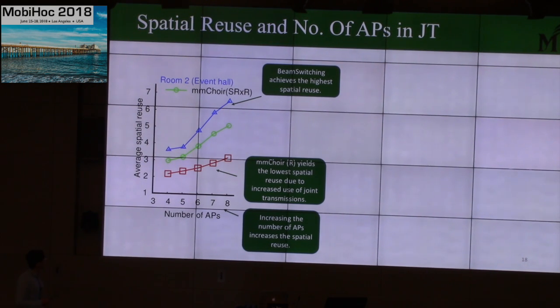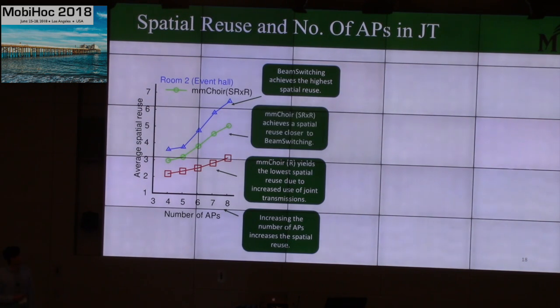And mmChoir R creates the lowest spatial reuse due to its increased use of joint transmission. And mmChoir SR cross R can achieve a spatial reuse close to beam switching.